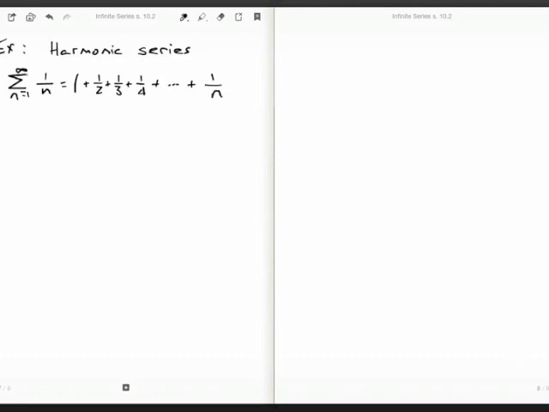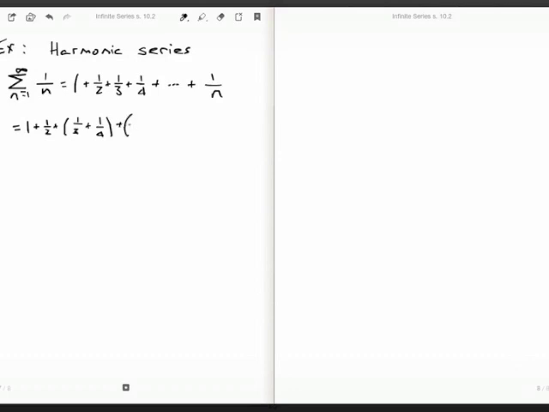So does this thing converge? I wonder. Let's take a look. I'm going to rewrite this, giving myself a little more room, as 1 plus 1/2 plus, now here I'm going to mix things up a little bit, 1/3 plus 1/4. And if you don't understand why I'm doing this, that's okay, that's the point.